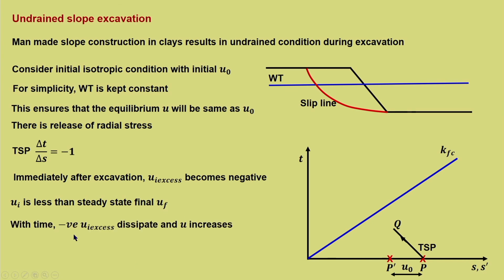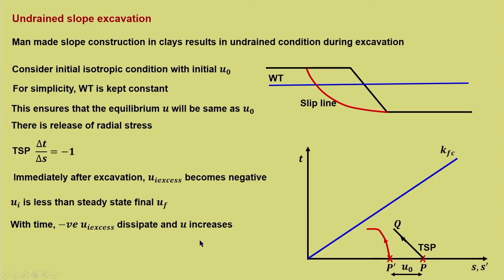So, with time the negative UI excess will dissipate and slowly U will increase. So, initially immediately after excavation there will be negative pore water pressure generation, but with time this negative pore water pressure will dissipate and slowly the pore water pressure will again regain and come to its original value of U naught.